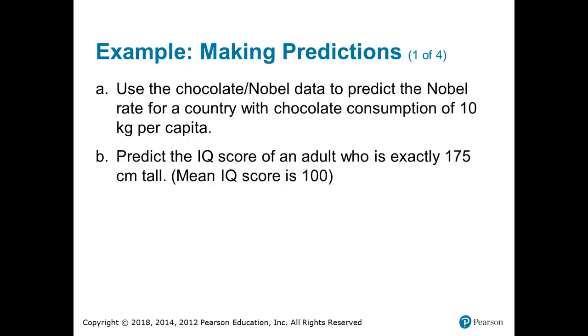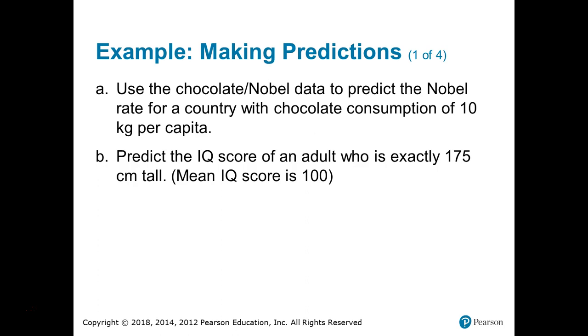So let's go back to the example of making predictions. Let's do two scenarios. A: use the chocolate Nobel data to predict the Nobel rate for a country with chocolate consumption of 10 kilograms per capita. They finally announced what that actually means by chocolate.